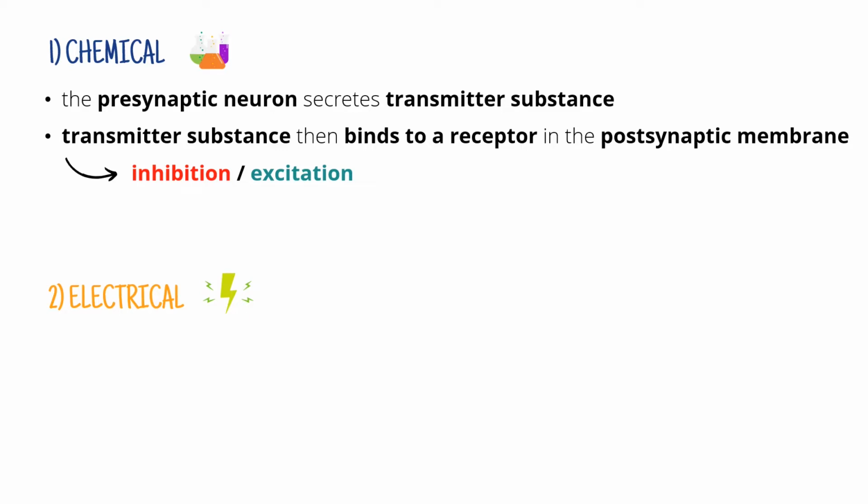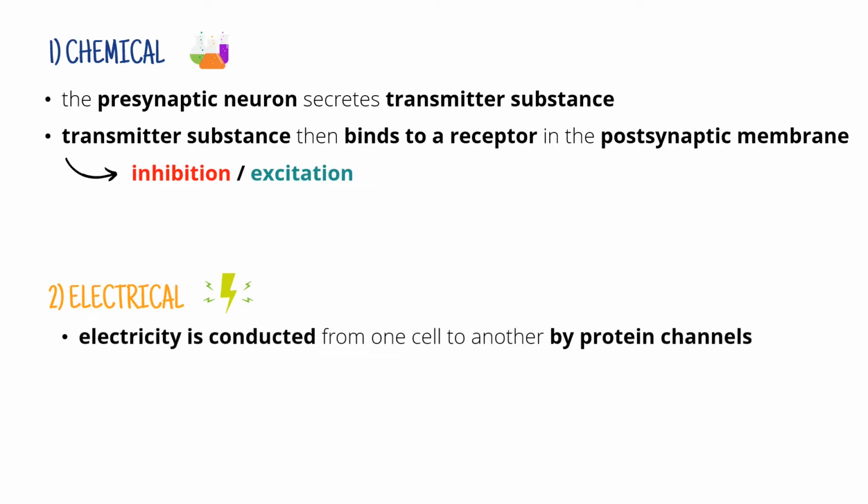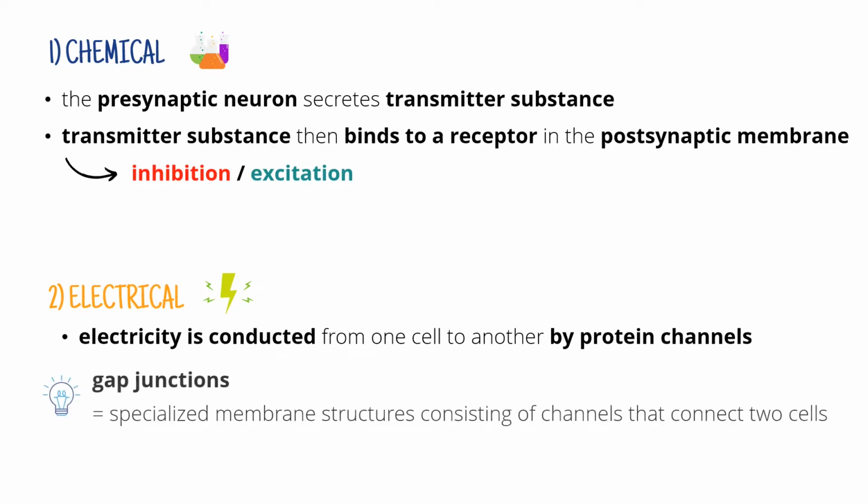In electrical synapse, however, electricity is conducted from one cell to another by protein channels. The presynaptic and postsynaptic neuron are usually connected by gap junctions, a small protein tubular structure that can be found, for example, in cardiac muscle, and which allows movement of ions and other molecules.